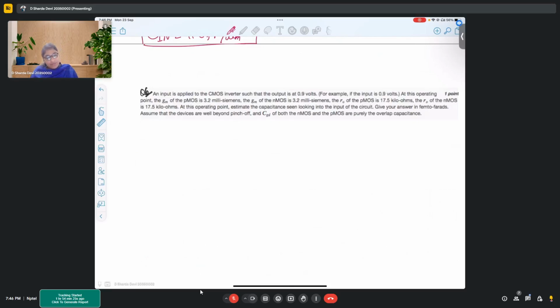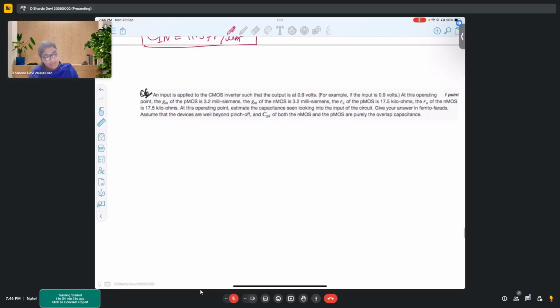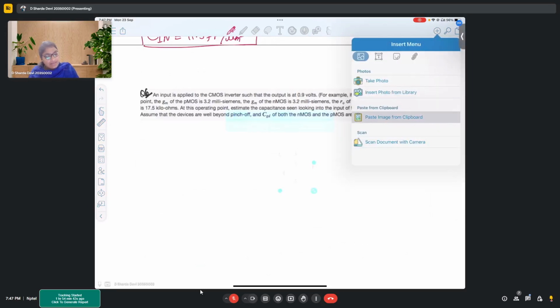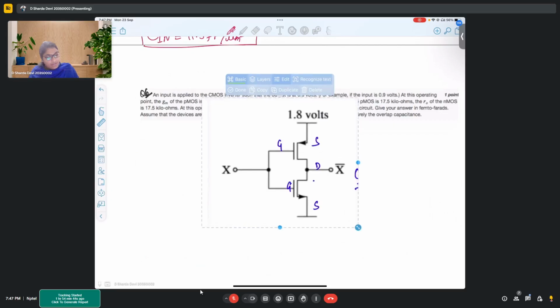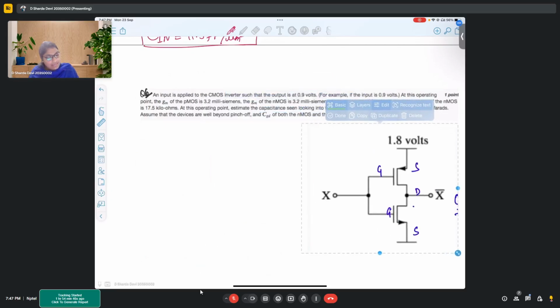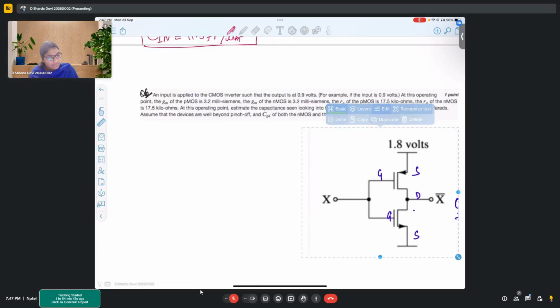In this particular problem, an input is applied to a CMOS inverter such that the output is at 0.9. This happens if the input is at 0.9. Yes, when your input is half VDD, the output comes out to be half VDD for an inverter. So here it is given 0.9 volts.